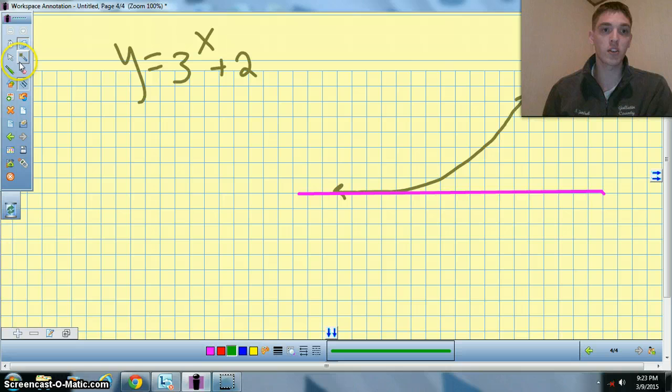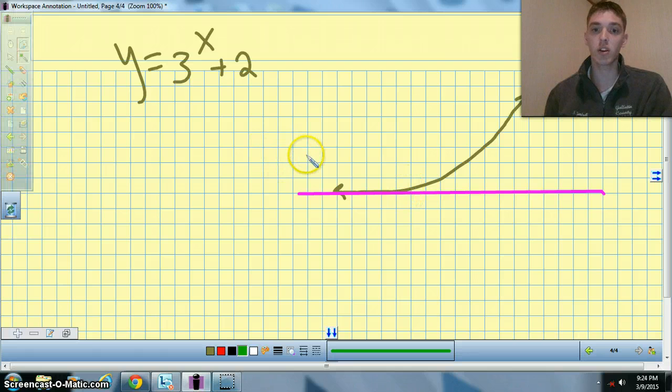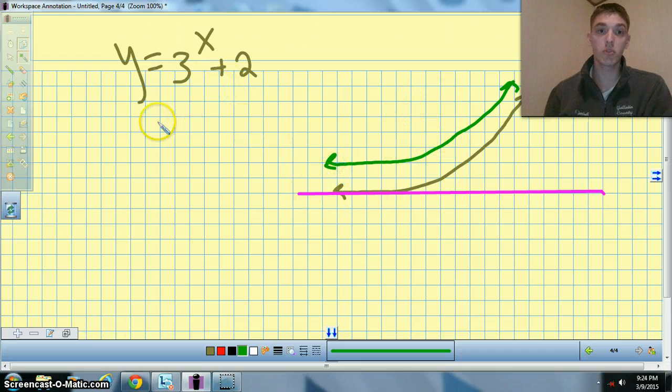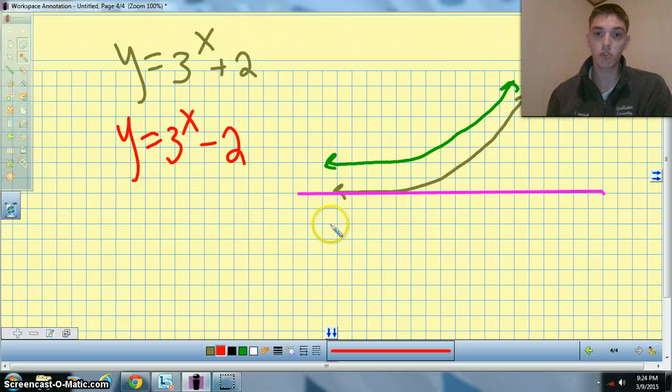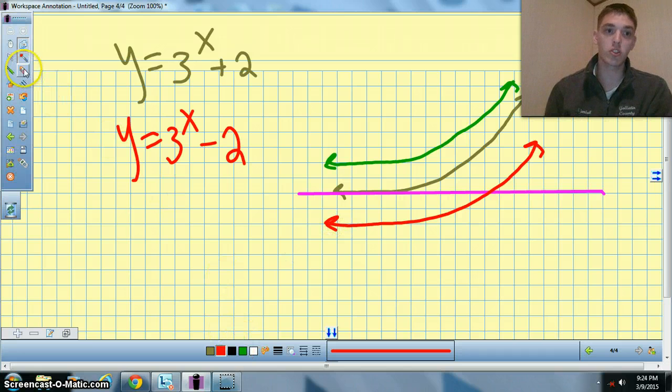So instead of the asymptote being at y equals 0, it is now going to be at y equals 2. Similarly, if it was y equals 3 to the x minus 2, instead of shifting the graph up, it shifts the asymptote down. Okay. I should have changed, let me change this.